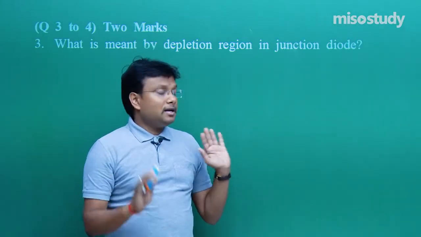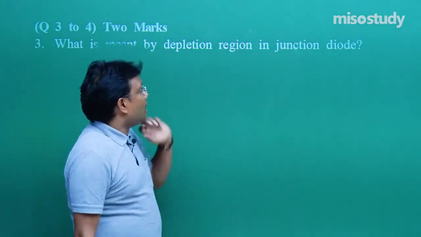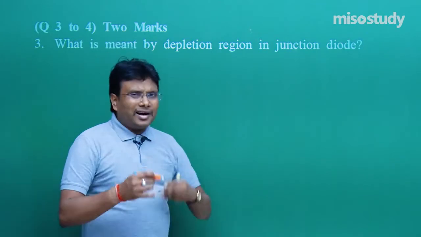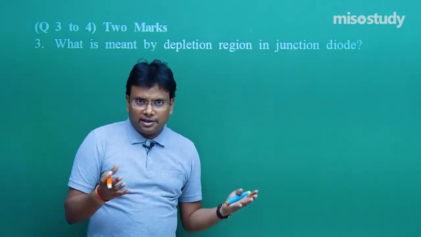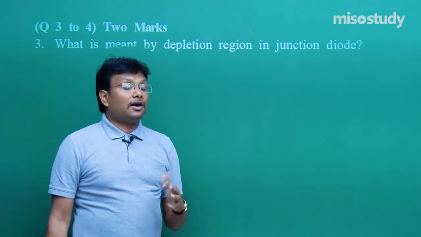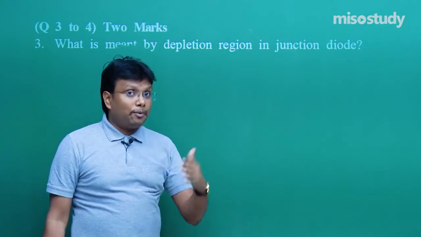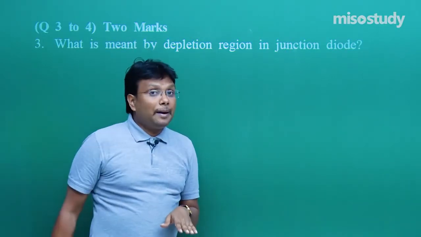Fine. But just for the sake of revision, once you create semiconductor, I mean extrinsic or intrinsic, just by adding trivalent or pentavalent impurities, accordingly you will create p type or n type semiconductor. So, when you combine both, what will happen?